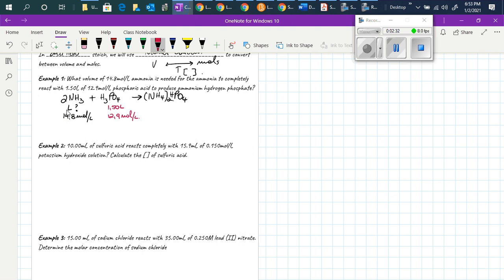So we'll start with what is given, and what is fully given here is the phosphoric acid. We'll write it as 1.50 liters of phosphoric acid.